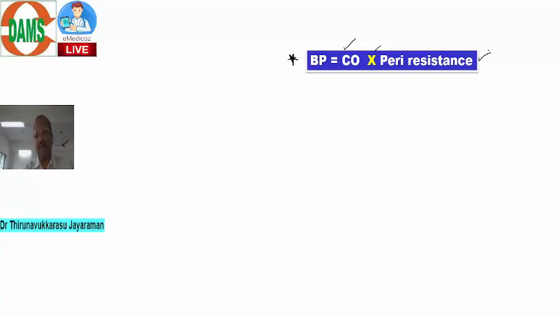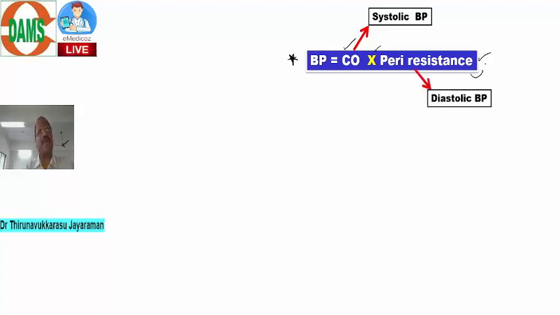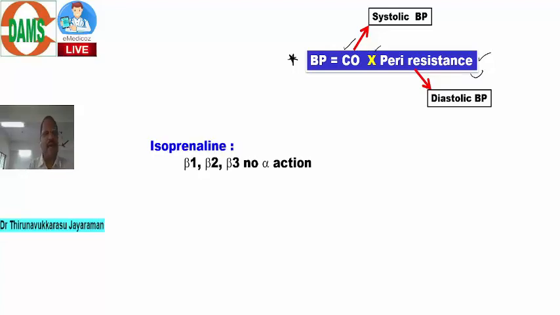In this formula, cardiac output is responsible for systolic BP, whereas peripheral resistance is responsible for diastolic BP. This is fine physiology. Now we are going to apply the point. For example, I want to know what happens to BP and heart rate by using isoproterenol, also called isoprenaline.